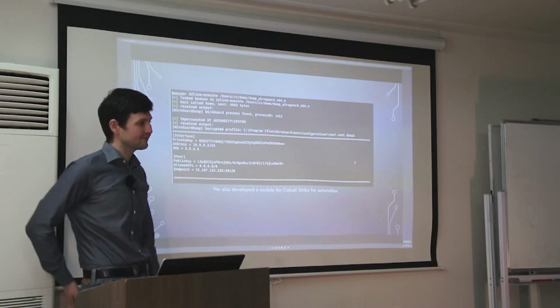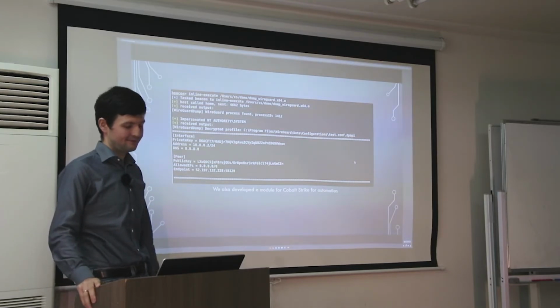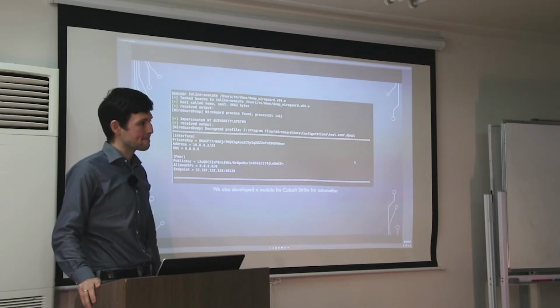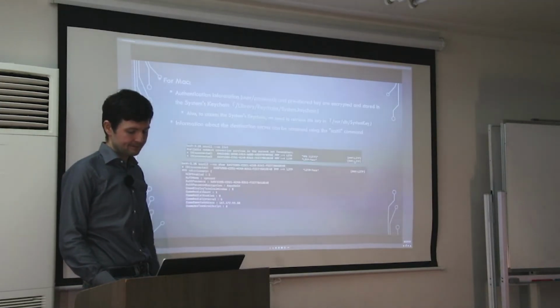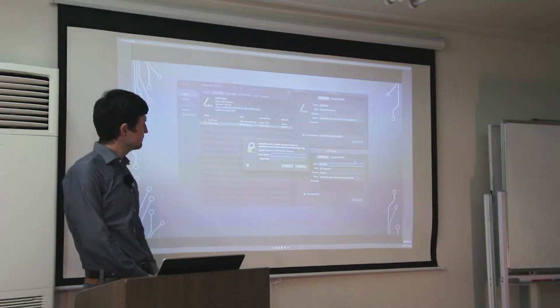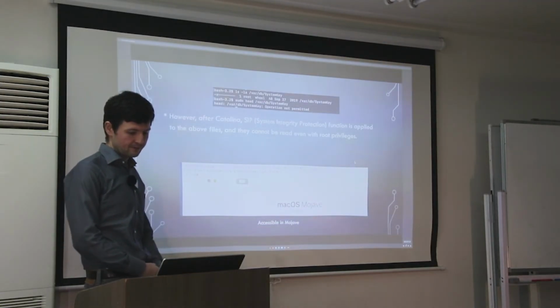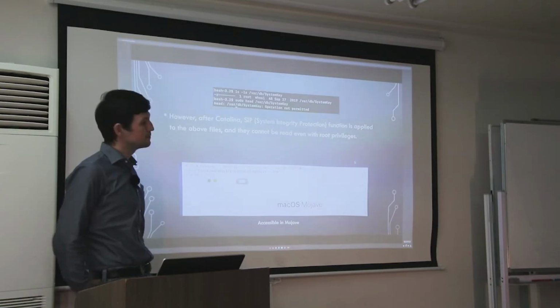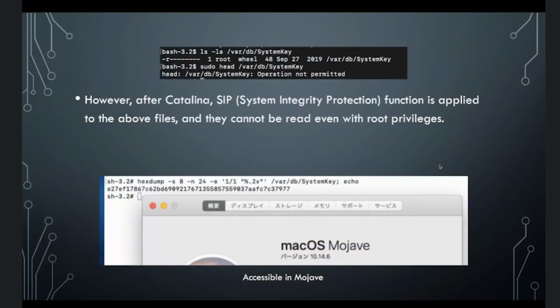One more question. In your slide, you showed that on Mac we cannot access some system keychain file, even though on the screenshot I can see read permission for root. There is clearly an R for root, but why can we not access it? Do you know why?